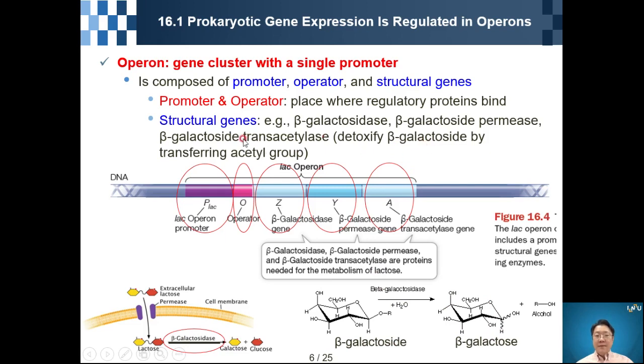So the main function of this enzyme is to detoxify beta-galactoside by transferring an acetyl group. They add an acetyl group here, so it means that it can detoxify beta-galactoside. Anyway, they have a promoter and operator, and they have structural genes like this. So this is the operon.